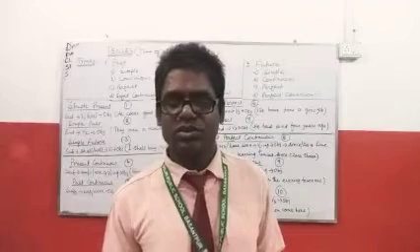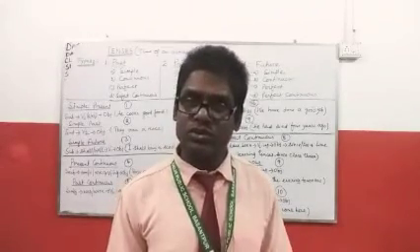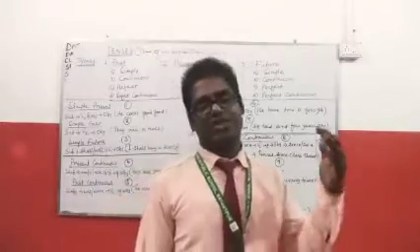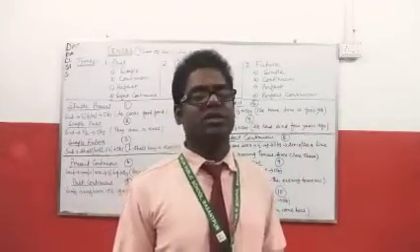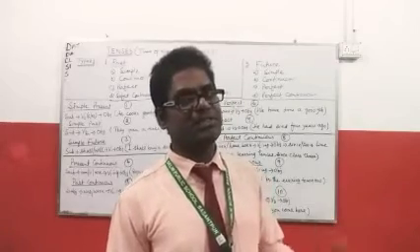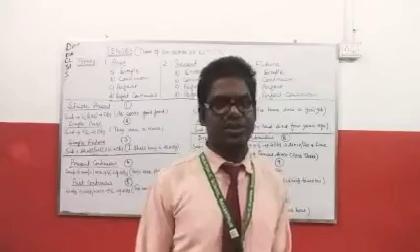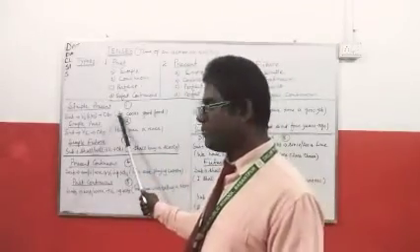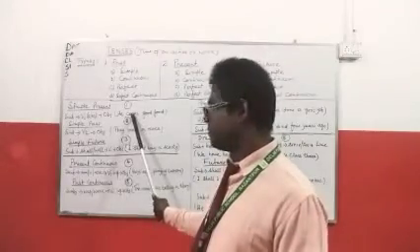I cook, we cook, you cook, they cook, because these are first person, second person, and third person plural. But when we use a subject in third person singular number, then the verb will have s or es. Okay, he is the subject, third person singular number, so it will take s to the verb.